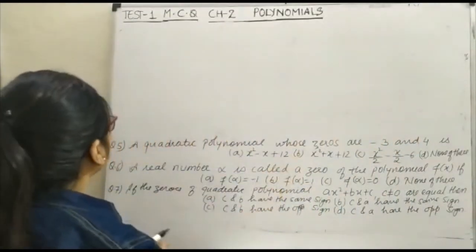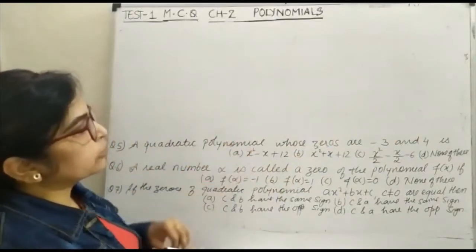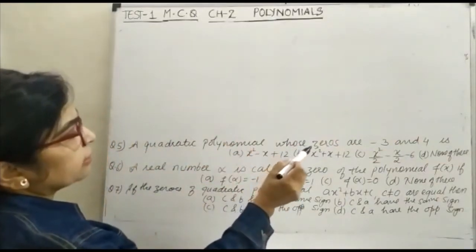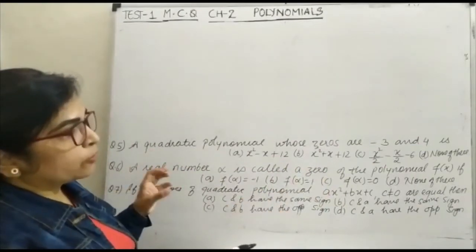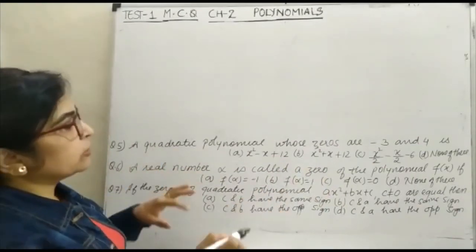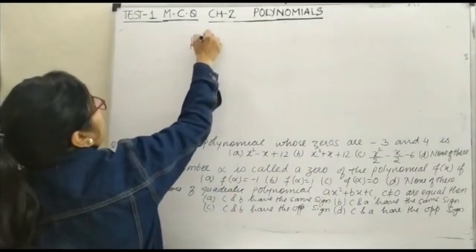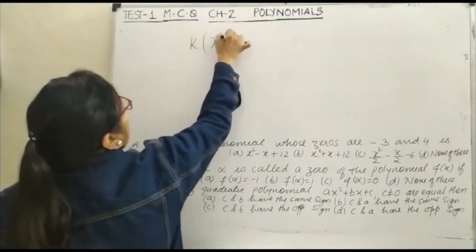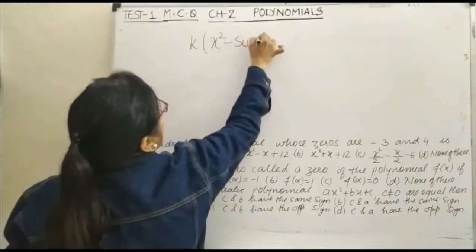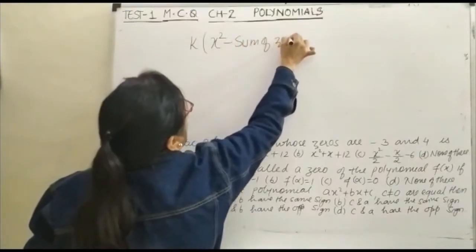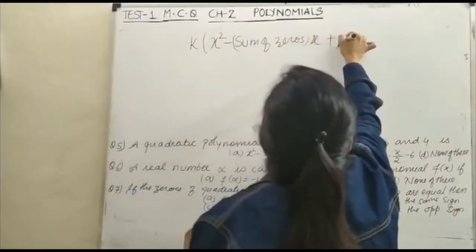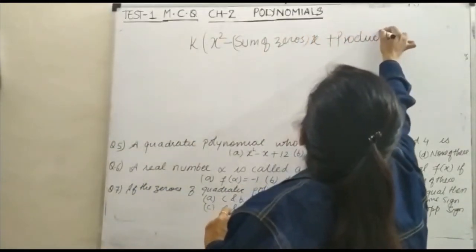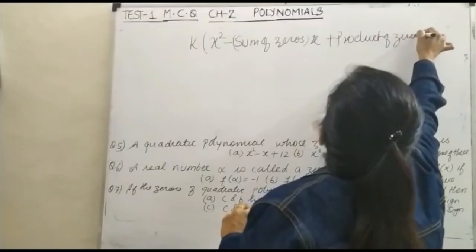Now we are here with a quadratic polynomial whose zeros are -3 and 4. So you know, children, how the quadratic polynomial is formed when the zeros are given, that is k times x square minus the sum of zeros into x plus the product of zeros.